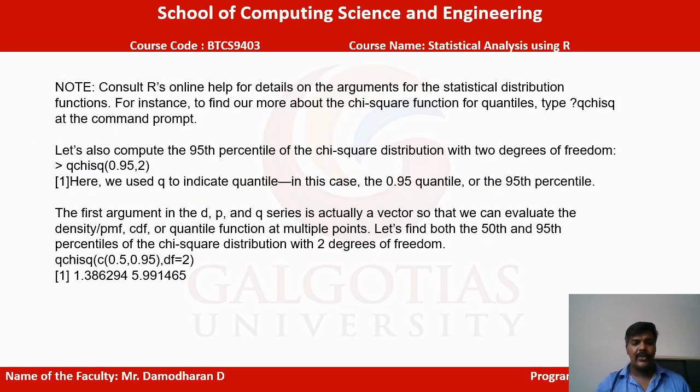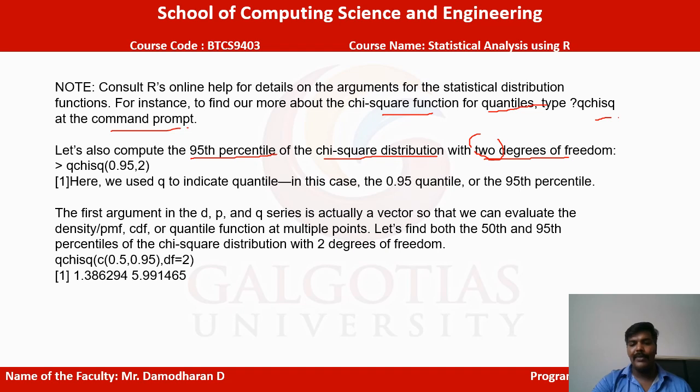Okay, next we will see another example for a statistical distribution. Here we will use the chi-square function with quantile type and see how this command works. Now we will see another example of the 95% point of the chi-square distribution, where the degrees of freedom is 2.